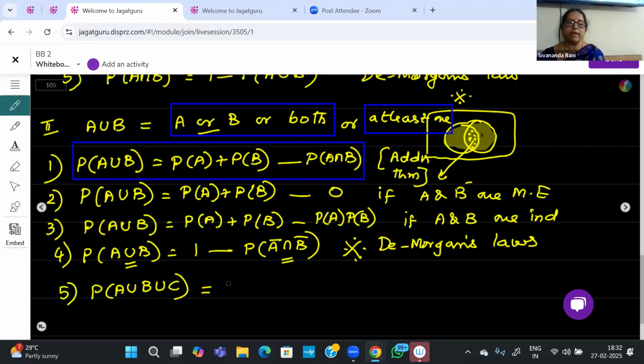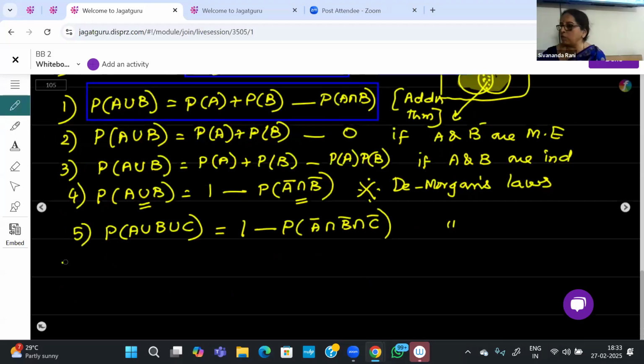But this will be very elegant because all you need to think of is the complement of the intersection of the complements. So the probability of the union of several sets is nothing but 1 minus the probability of the intersection of their complements. So this also arises from De Morgan's. This will be very useful for finding out the probability of at least one.